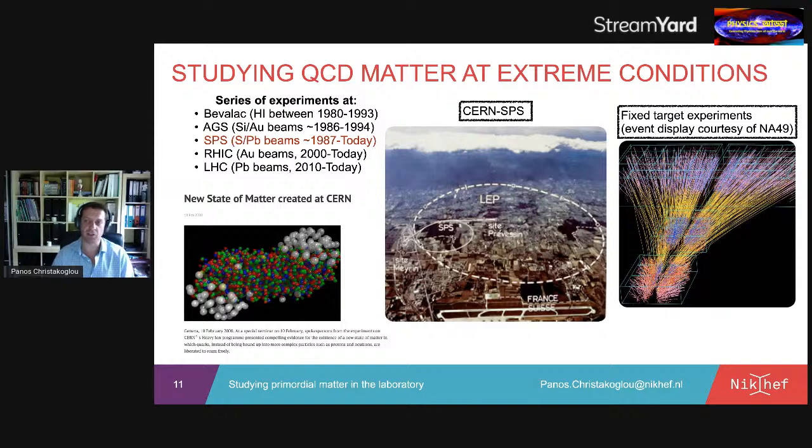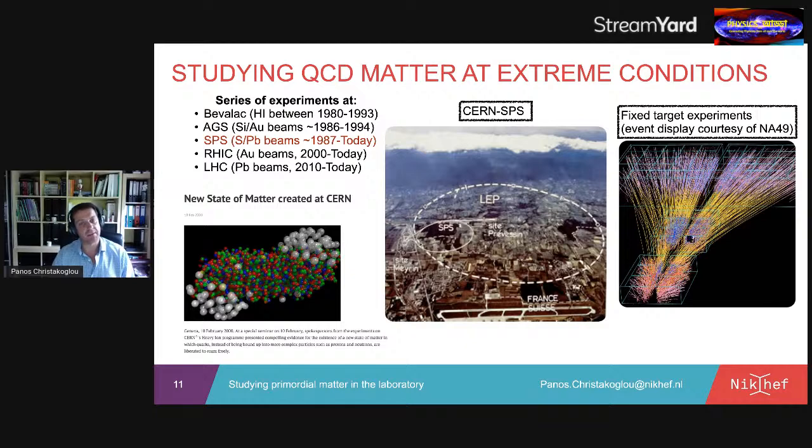And what you see here is just an event display of my old experiment, NA49 at the SPS. And in fact, from these studies of all experiments at the SPS, CERN was able to release a statement practically announcing the discovery of this new state of matter: we found compelling evidence about the existence of this new state of matter created in collisions between lead ions.